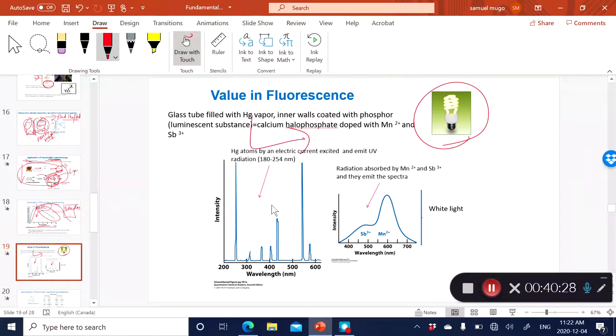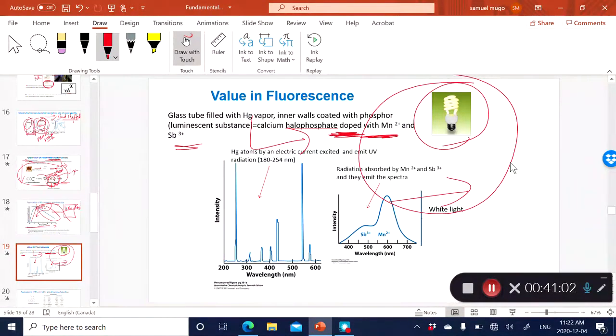And these bulbs also contain luminescent substances, such as manganese and antimony, which tend to increase the light that is emitted. So you can see the mercury can be excited. It relaxes to give you the UV radiation. The UV radiation gets reabsorbed by the luminescent substance, and it gives off the white light. And that's how you end up with a fluorescent bulb.